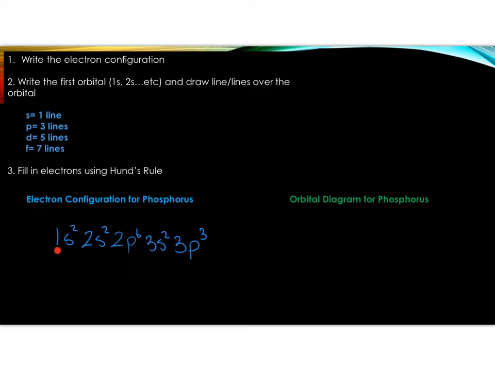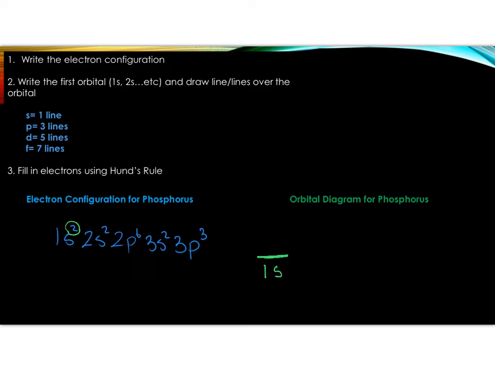So right here where you see 1s, you want to write 1s here. You can write a dash and 1s. Notice when you're doing your s orbitals, you only need one line over the orbital. Notice I'm also not putting this 2 over here, because our electrons represent the exponents that are there.